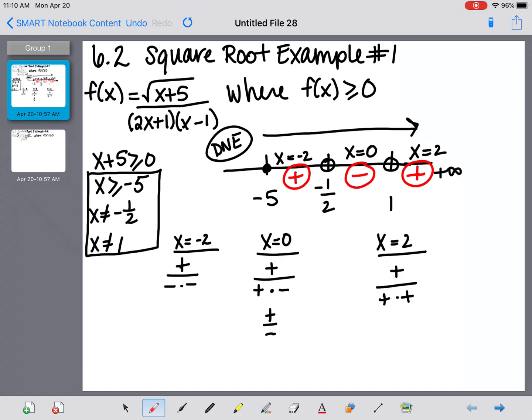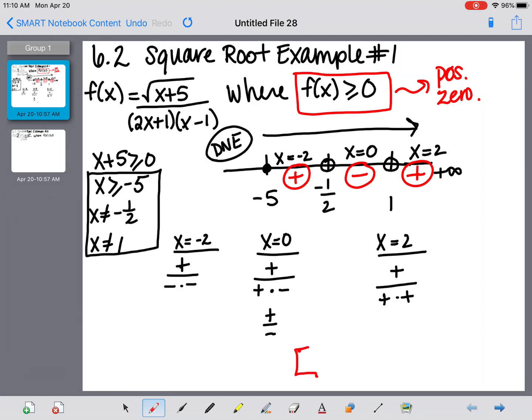Now we're going to find our answer. We want to know, where are we greater than or equal to 0? Greater than or equal to 0 is anywhere that there's a positive or anywhere that there is a 0, meaning we can include any critical values from the numerator that would make the function equal 0.